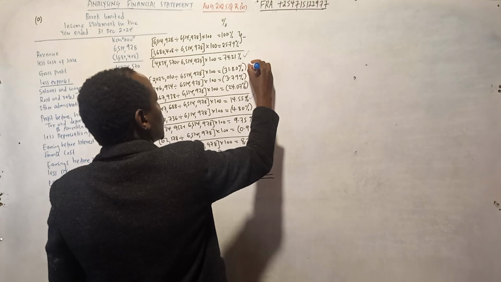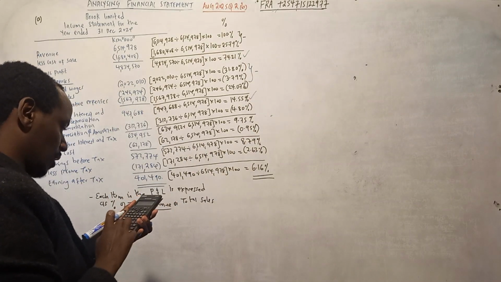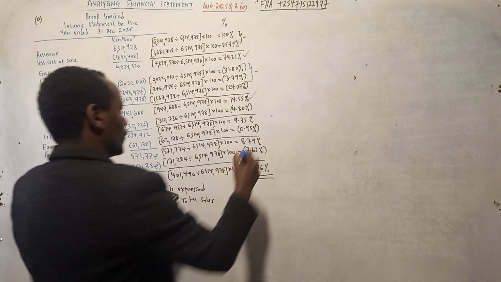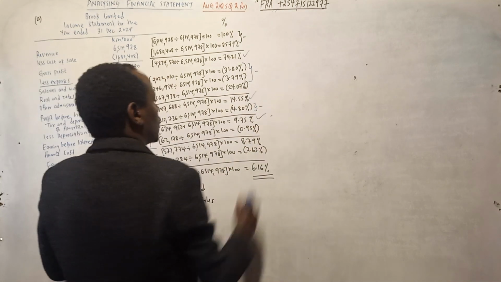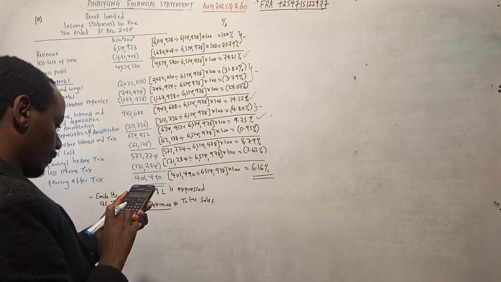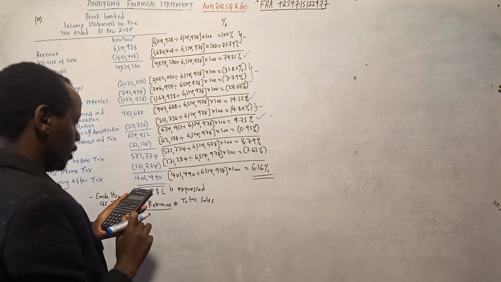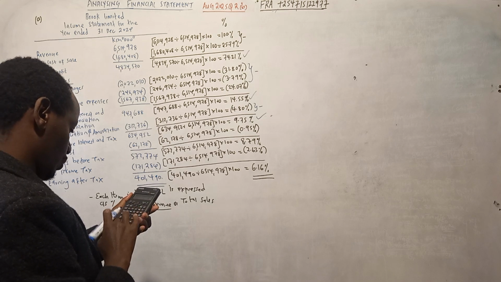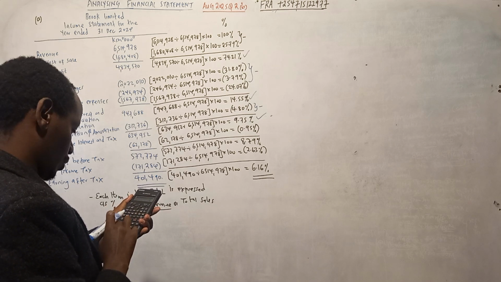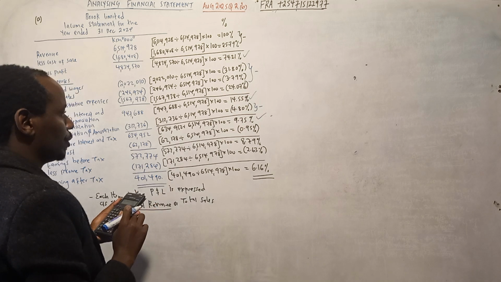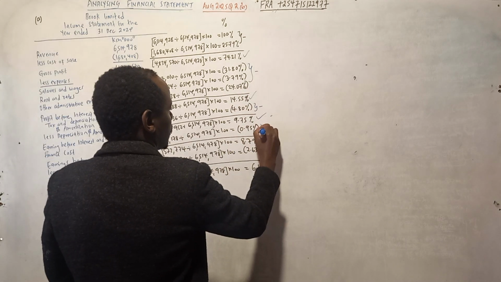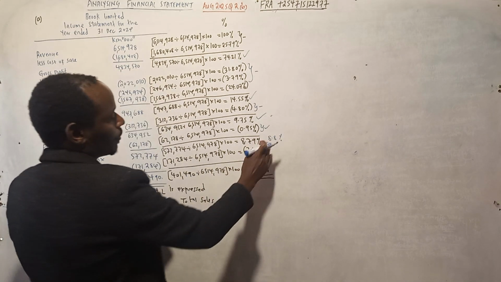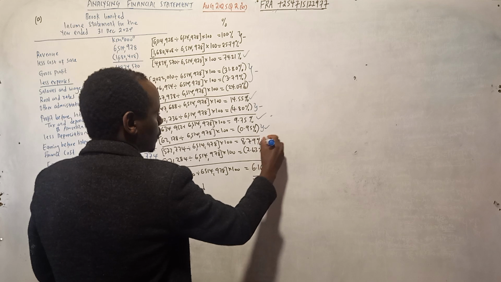So when we deduct 4.8, we are getting 9.75. If we deduct 0.95, we are getting 9.75 minus 0.95, 8.8, which is approximately 8.79, so that one is fine.